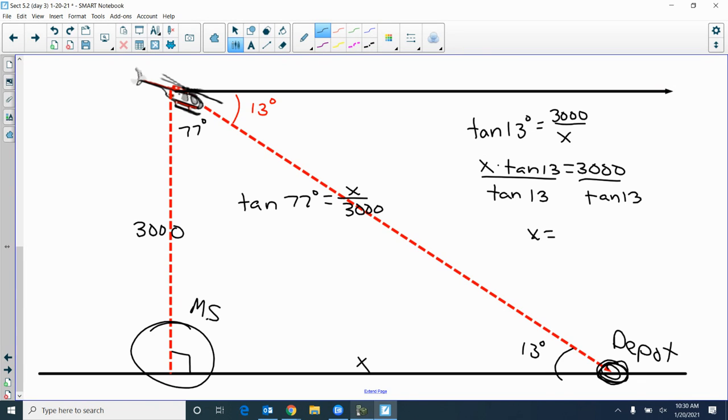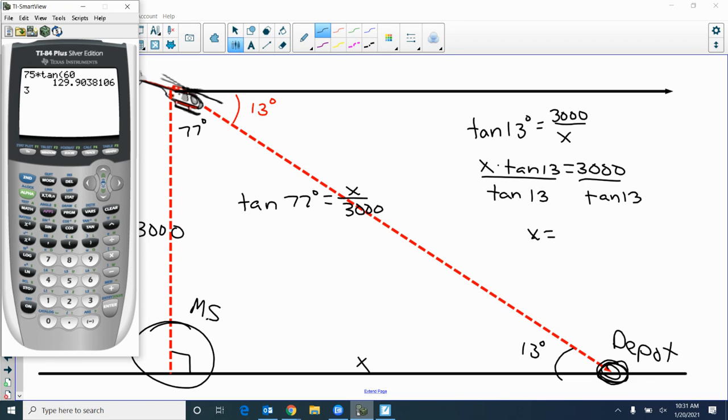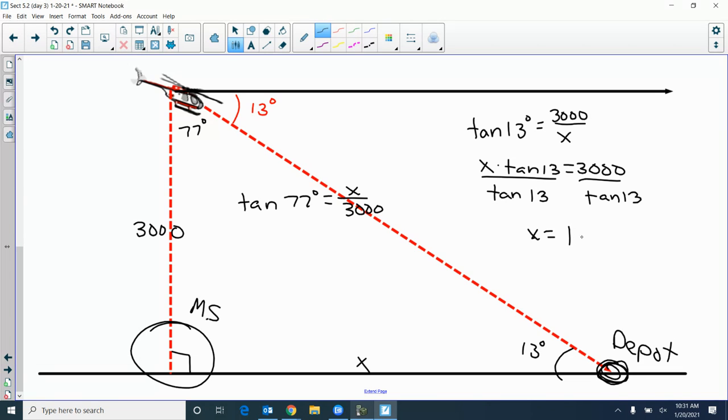And so I get X equals, let's see here, 3,000 divided by tangent of 13, 12,994.4. All right, if you do it over here, X equals 3,000 times tangent of 77.